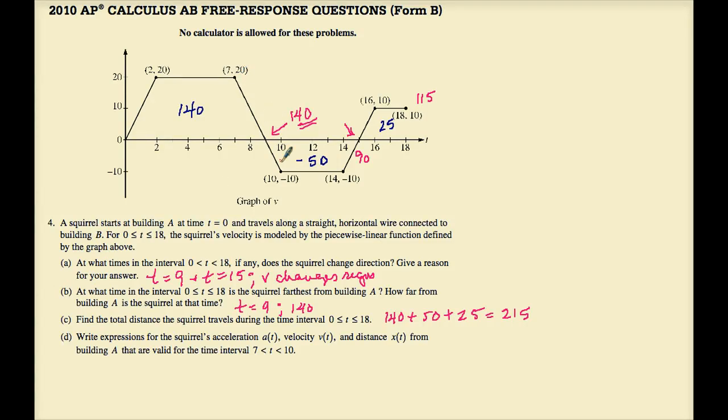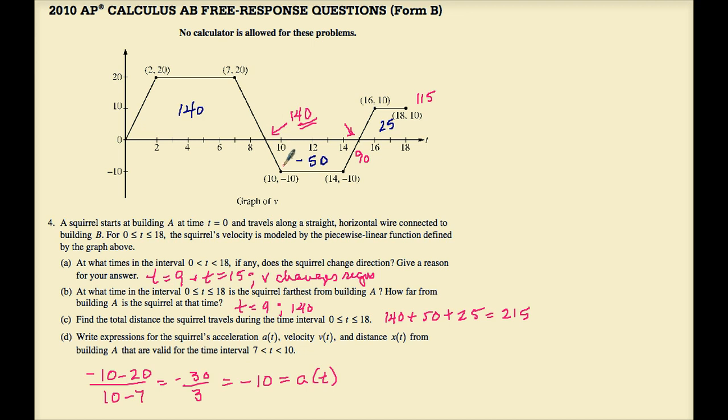Acceleration is just going to be the slope of this line from time t equals 7 to time t equals 10. That can be calculated by taking -10 minus 20 over 10 minus 7. That's -30 over 3, which is -10. That's a of t. The velocity function will be the equation of this line.